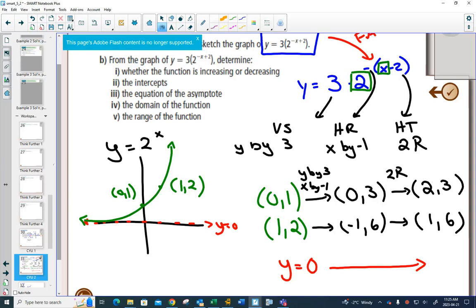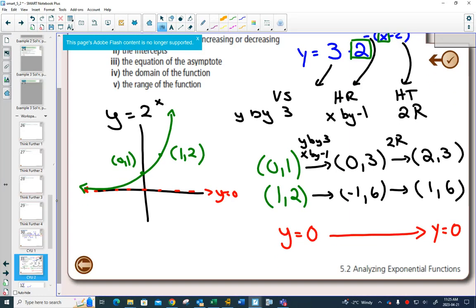The only thing that would change a horizontal asymptote is if it got moved up or down. Can you see if something's horizontal and goes on forever, and you moved it left and right, it's exactly at the same place. But only moving it up and down is going to change the value. Are we moving things up and down? No, we're going 2 to the right, so our asymptote is going to stay. So now we've done our setup. We are very close to graphing.